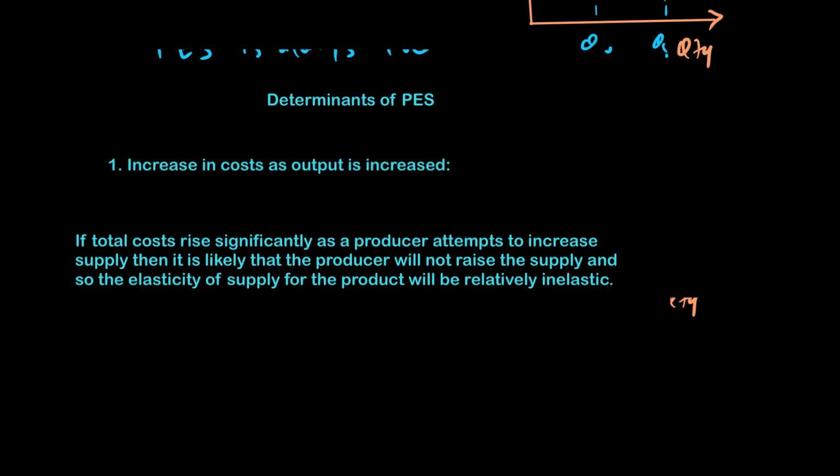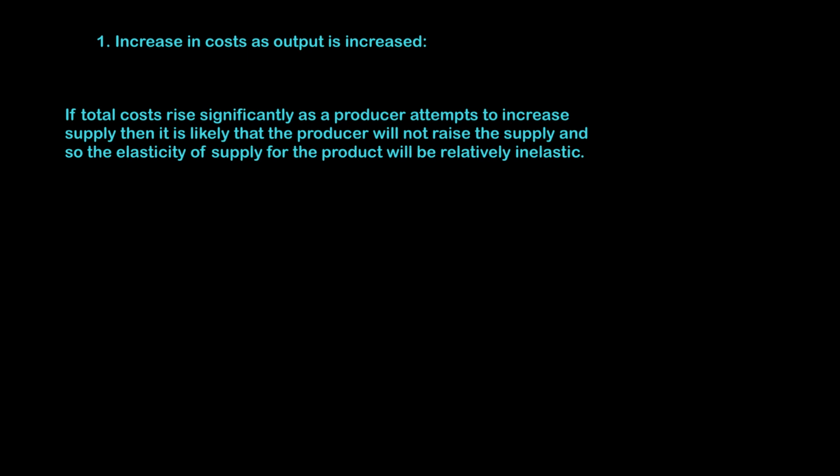So total costs may not rise significantly if the cost of the factors of production, like inputs that you are engaging in production, do not increase quickly as a firm uses more of them. So for example, if I want to increase my output and I may not need to hire more factors of production, then my cost may not rise that much.